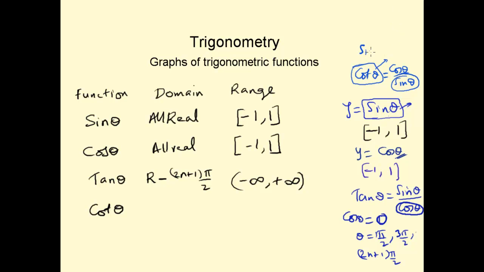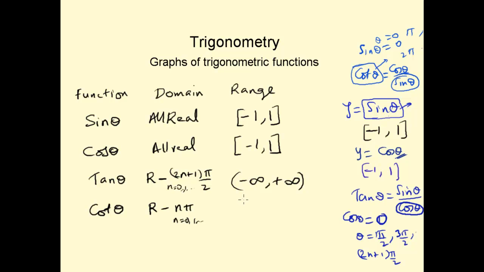Sine theta equal to 0 when theta equal to 0, pi, 2 pi, so on, right? So for cot theta, the domain should be all real numbers minus n pi, where n is equal to 0, 1, 2, 3, so on. So all real numbers except the multiples of pi, or 180.